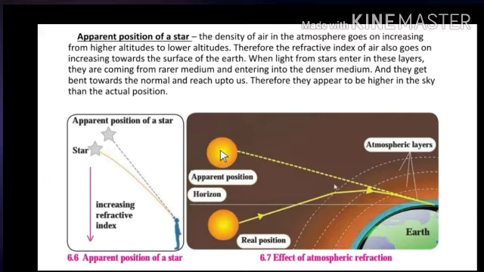The actual position of the star is like this, but the apparent position is slightly elevated from the real position. That means when the sun is rising, actually it is not at the original place, but it is observed at the apparent position.